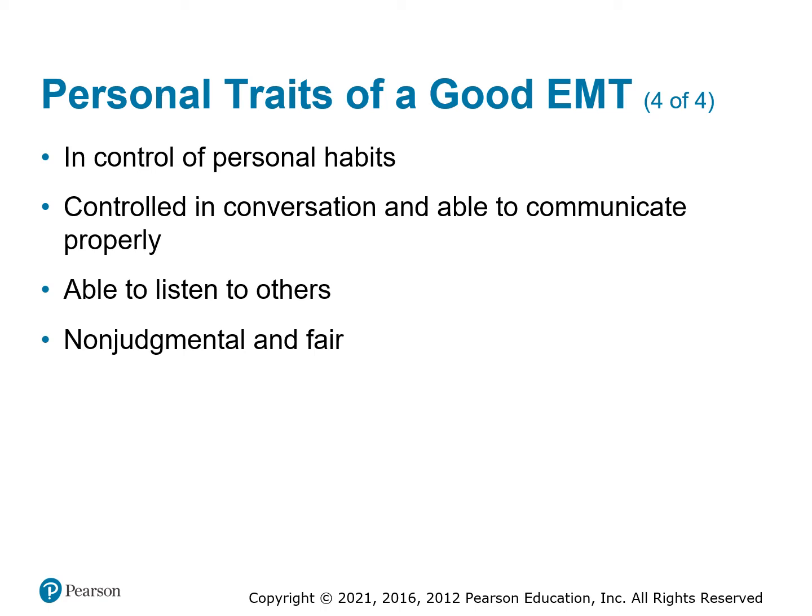You need to communicate properly to the family that this is what's going on. It's a very serious matter. We're going to do everything within our grasp to get them to the hospital. However, understand there could be a bad outcome. Be open and honest in your communication to the patient, to the family, to everybody that you're working with.